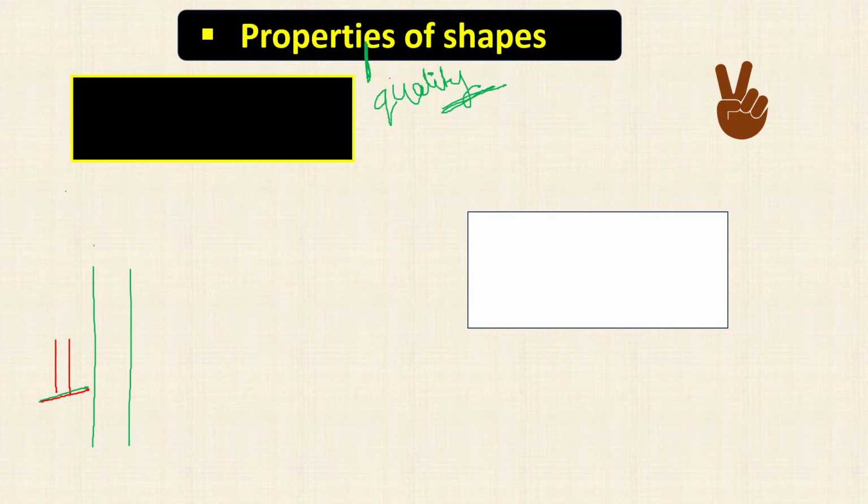How do we arrange them to make the structure? Don't look anywhere else, just look here.